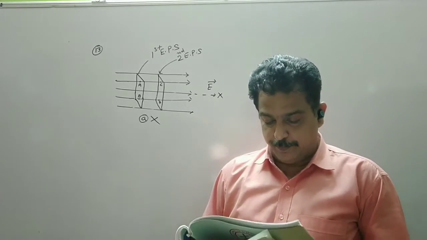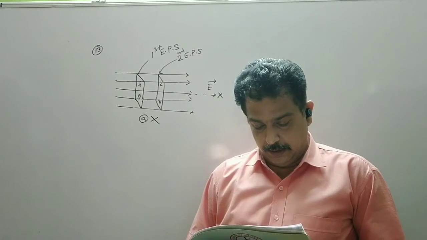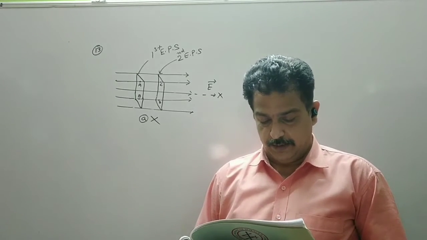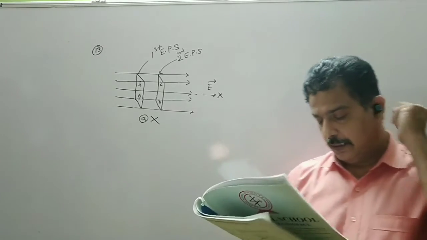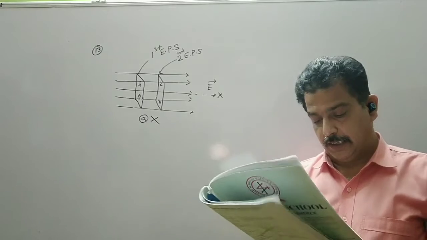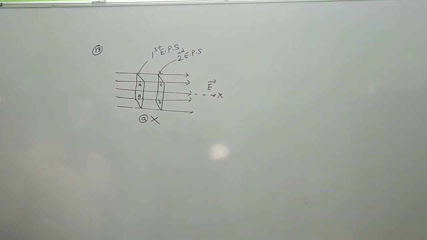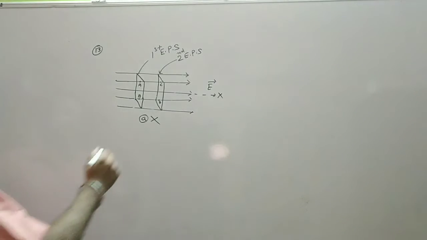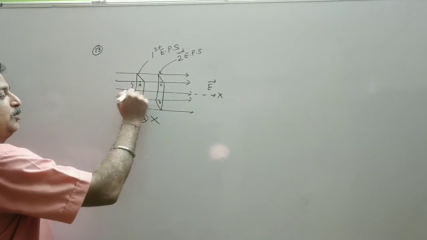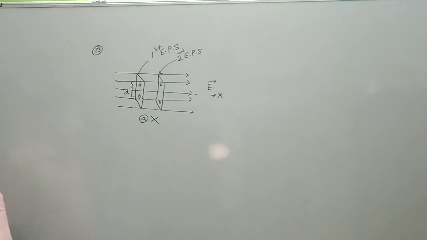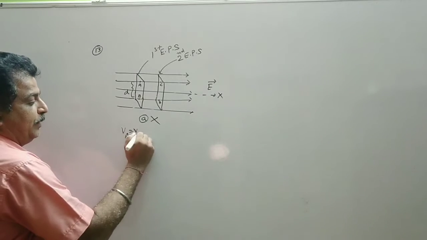Second, a pair of points separated by the same distance must have the same potential difference. So we have to take a pair of points. Suppose this is one pair, A and B, and let the distance between them be D. So VA is equal to VB.